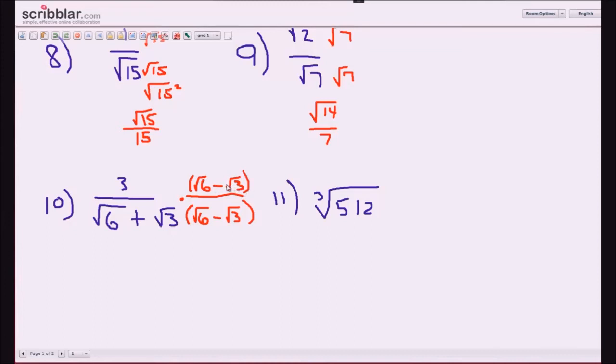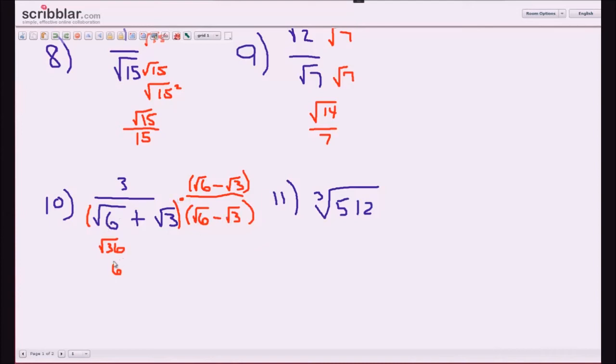And so I'll actually put a parenthesis here, and we're going to actually do something called FOIL. So first, outer, inner, last. Root 6 times root 6 is root 36. And so square root of 6 times square root of 6 is just 6. And just to show it in the step, 6 times 6 is 36, and that gives us root 36, which is 6.